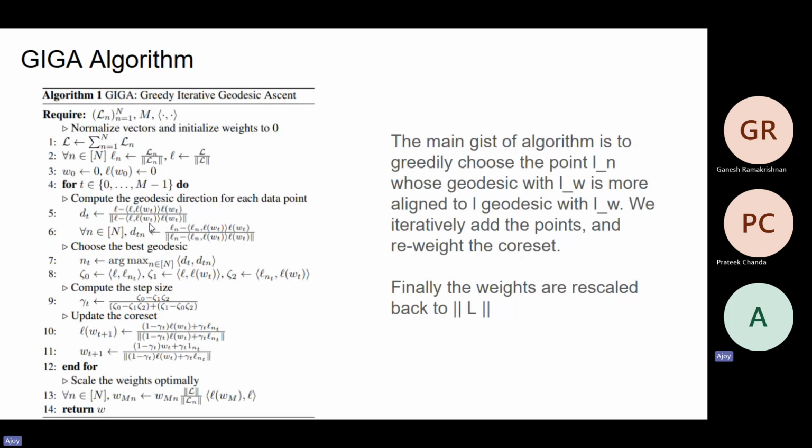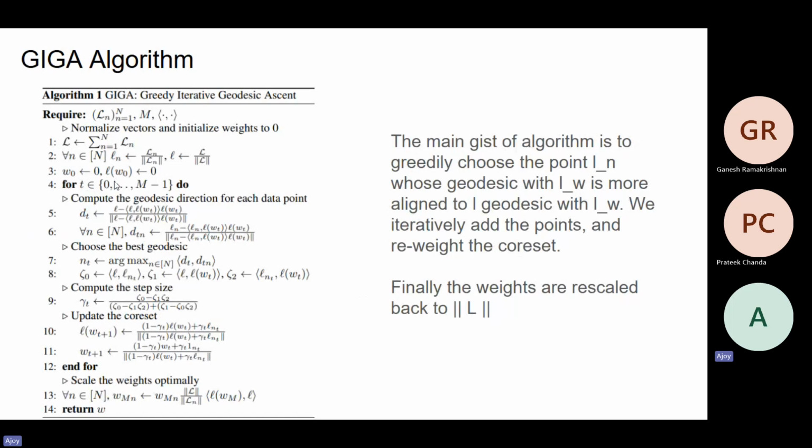We are trying to choose the data point which has maximum alignment with the original likelihood. So first we are starting with zeros, right?